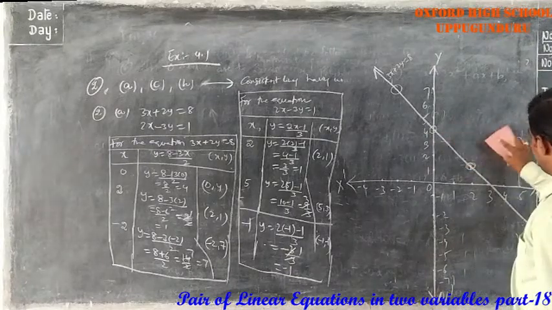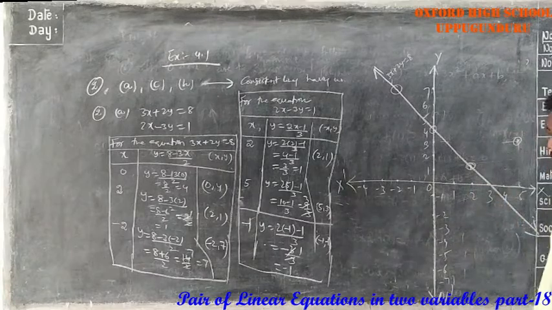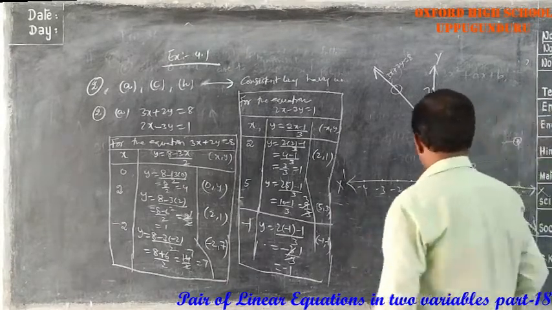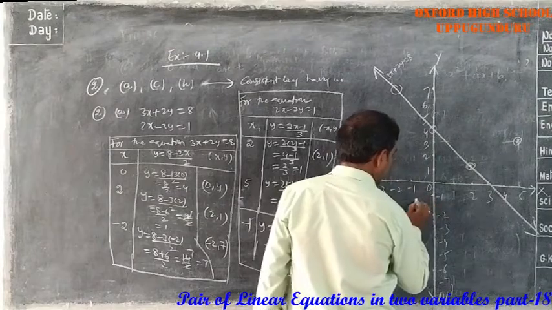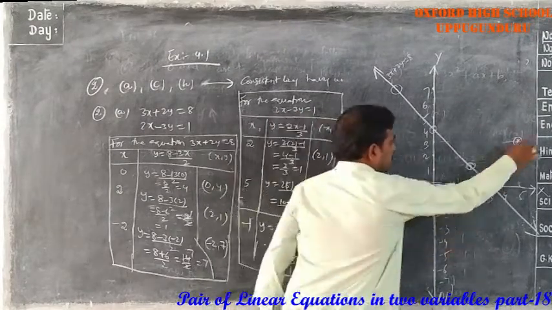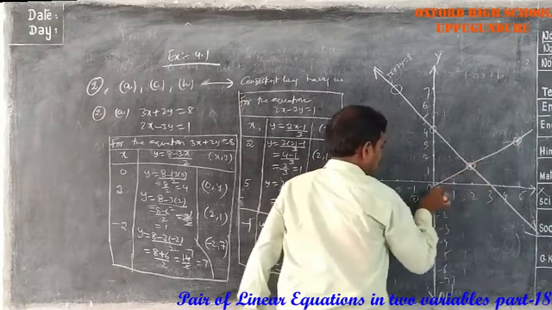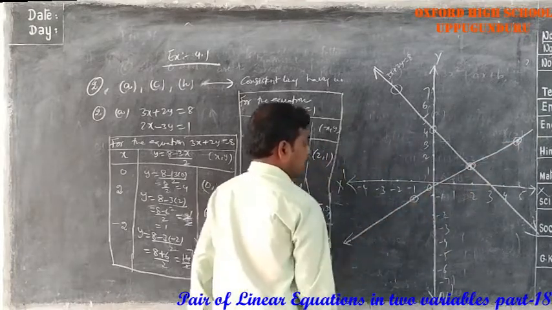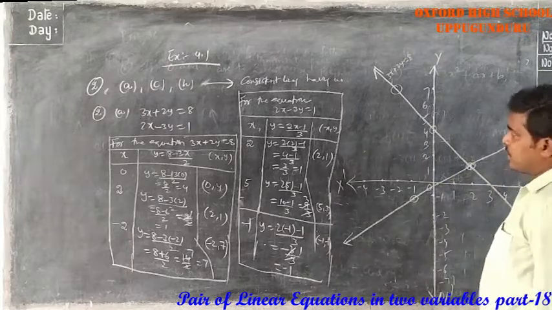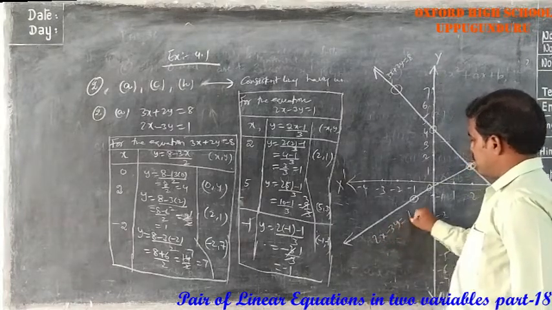Here, since this is a board, I have drawn them like this, and in the book there will already be lines. So next, minus 1, x value minus 1, y value minus 1. So here. When you join all these three points and use the scale, this is the second equation. What is the second equation? 2x minus 3y equal to 1.